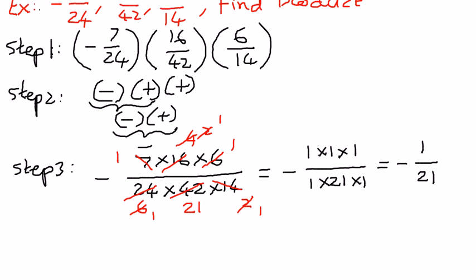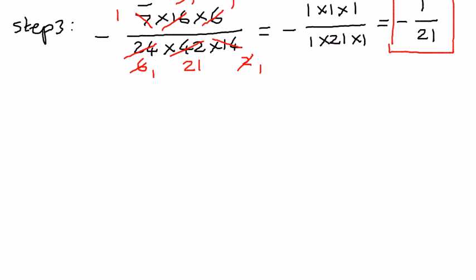So therefore the answer we arrive at is negative 1 over 21. The product of these three fractions, negative 7 over 24 times 16 over 42 times 6 over 14, simplified to negative 1 over 21. So that is the product in its simplest form.